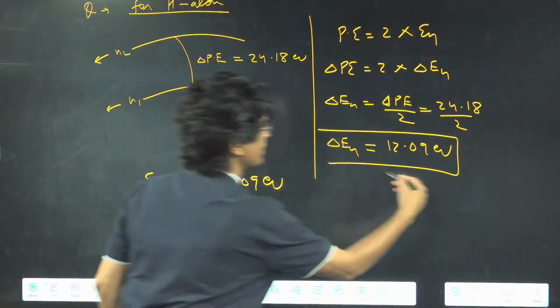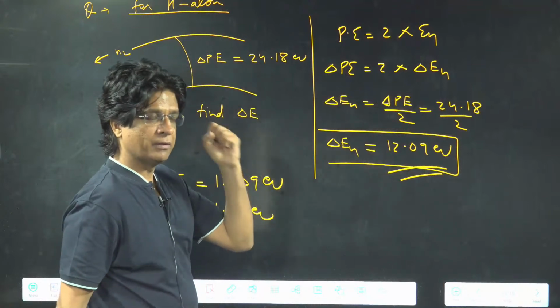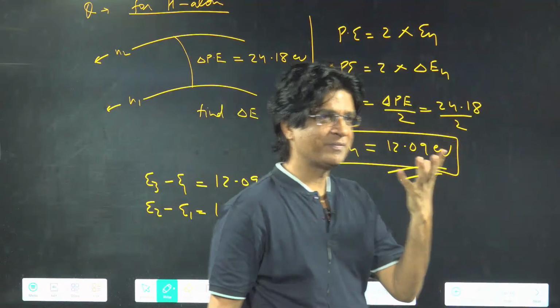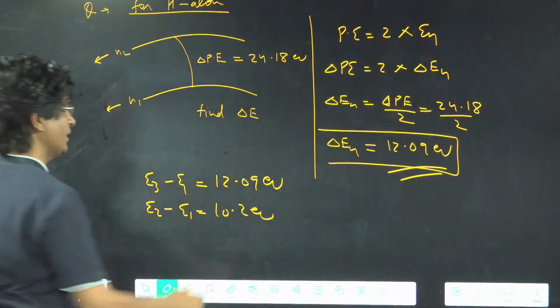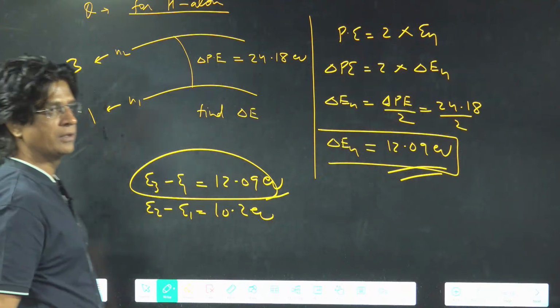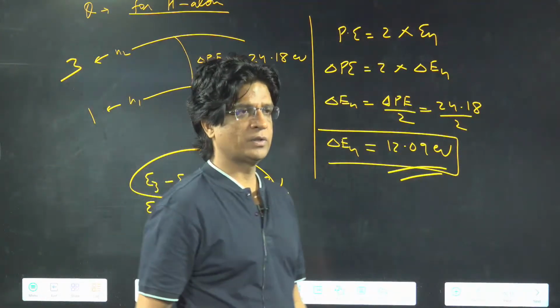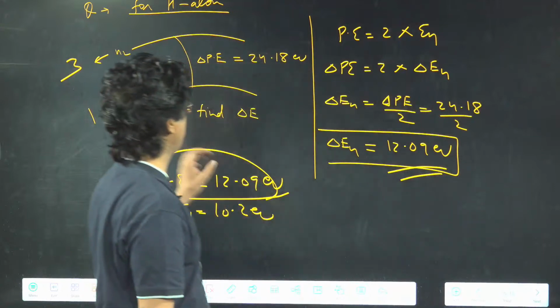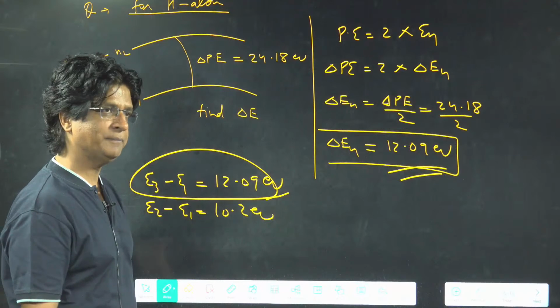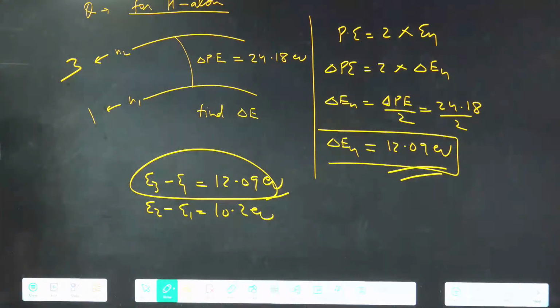The moment you see this value, a bulb should light up in your mind. This will be orbit number 1, this will be orbit number 3. There is no chance that the difference of 12.09 electron volt is occurring in any other two orbits. Okay?